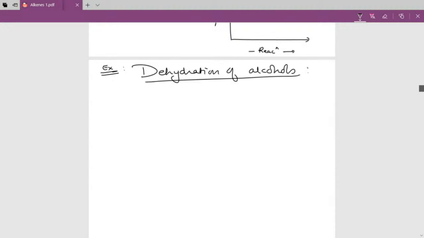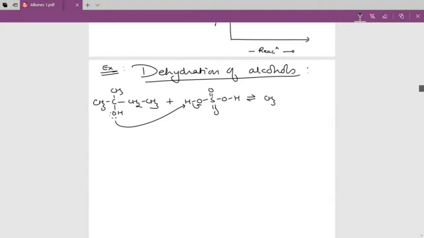Dehydration of alcohols. Let me write CH3, CH2, CH3 with OH, general mechanism. We use strong acids like H2SO4, H3PO4 to protonate. This is our first step.